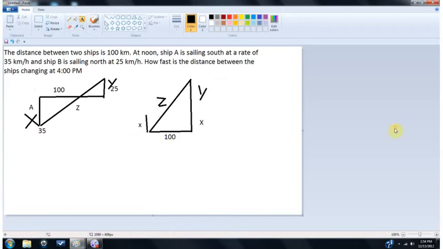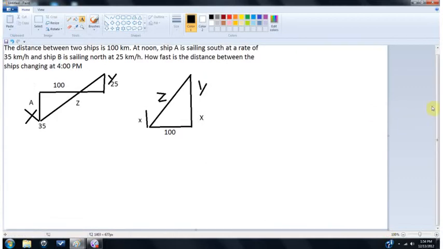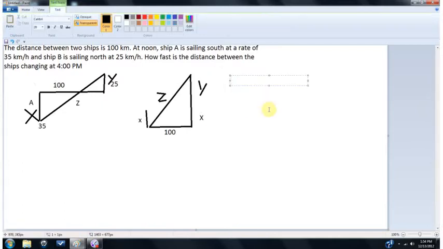So once again, we have a right triangle, and we already know what formula we're going to use. So we plug in our numbers. Our x is 100, so 100 squared plus x plus y squared. We get x plus y because remember that we shifted our x over to be together with our y, equals z squared, which is our unknown.